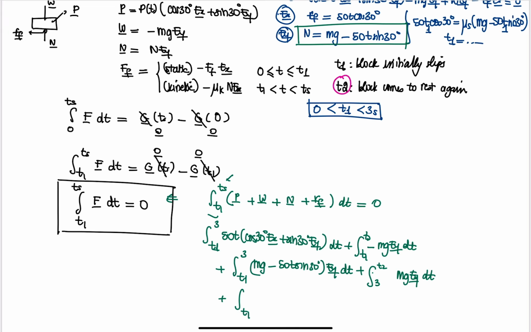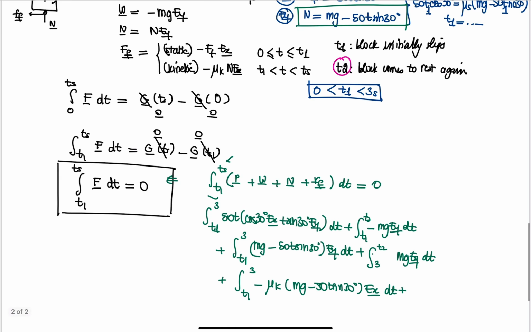From T1 to 3, minus mu k times mg minus 50t sine 30 degrees Ex dt, plus the integral from 3 to Ts of minus mu k mg Ex dt, and this should be equal to the 0 vector.